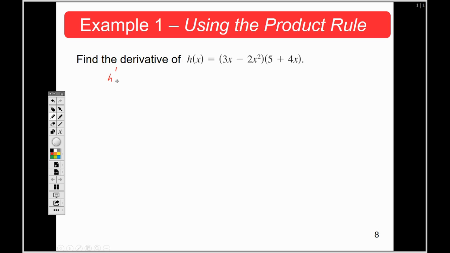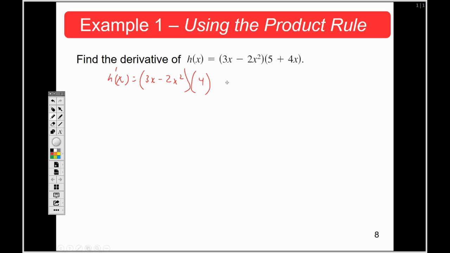So h prime of x equals the first one, 1 prime 2. So we're going to start off with the first function, which is just 3x minus 2x squared. Don't change it. 1 prime 2. So we're going to multiply by the derivative of this term. So I'm going to have 0 plus 4x, or just 4.